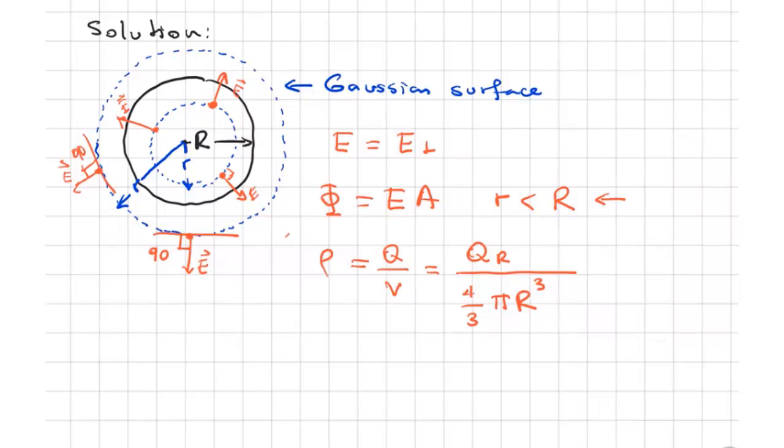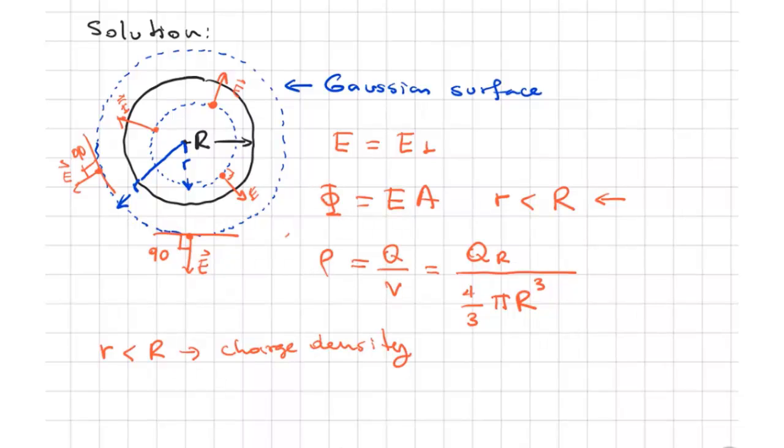Now we want to calculate the charge density inside this Gaussian surface when r is smaller than R. We want to calculate the charge density, and we use the same definition.